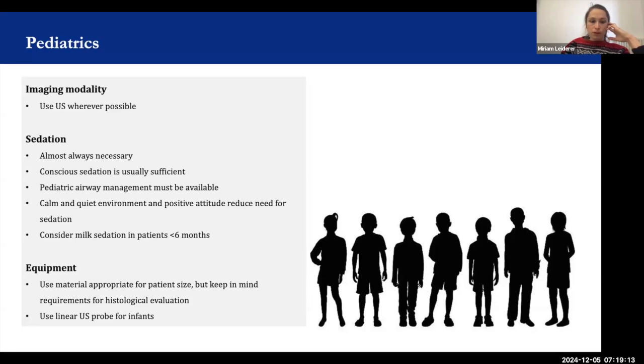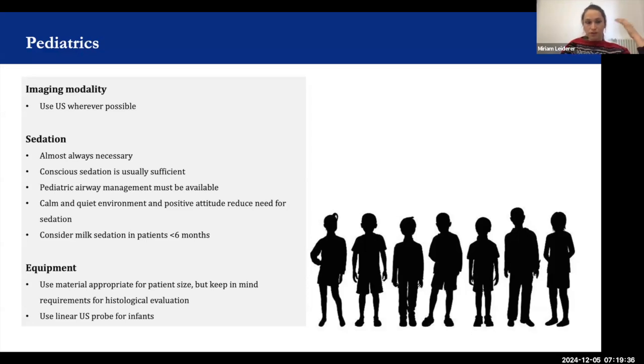For equipment, you try to use material appropriate for patient size, of course. So you use smaller needles than you would in an adult, but you also need to keep in mind that the histological needs of pathology to make a diagnosis are pretty much the same as for tissue taken from an adult.